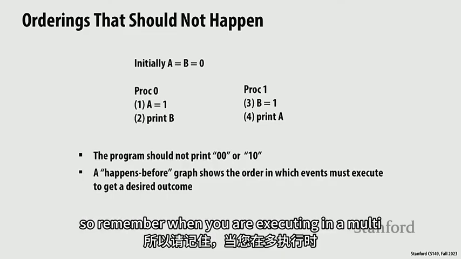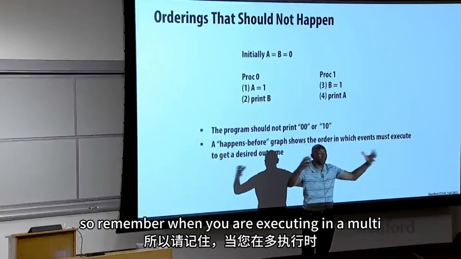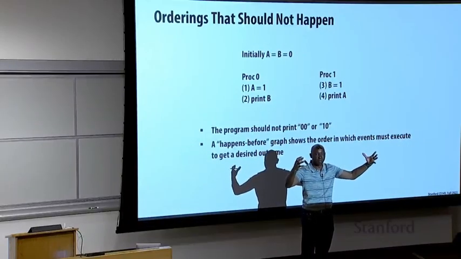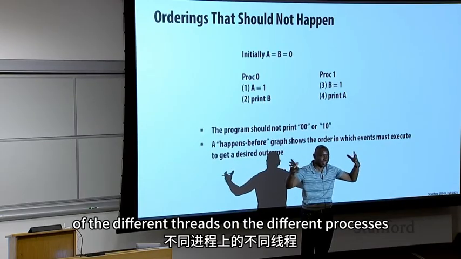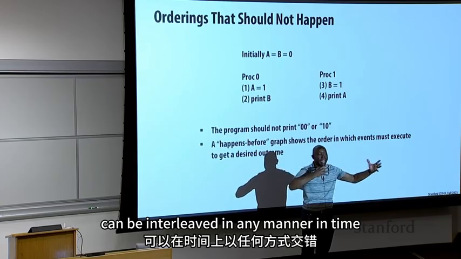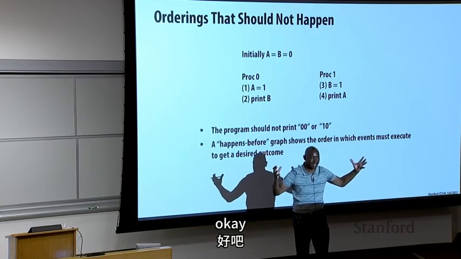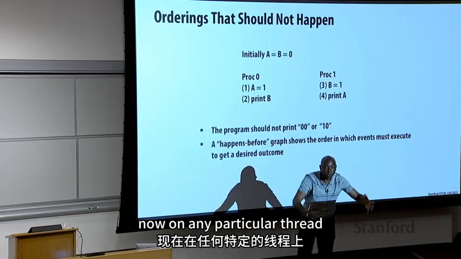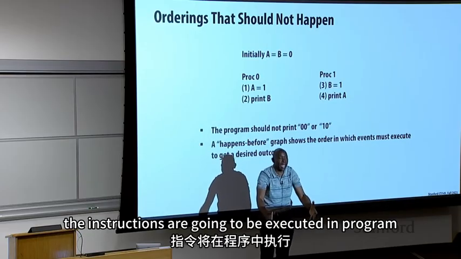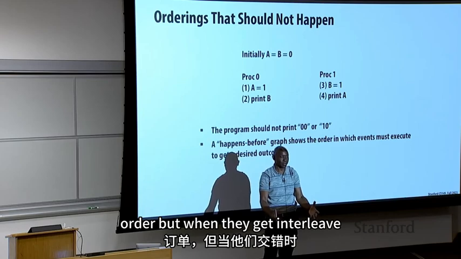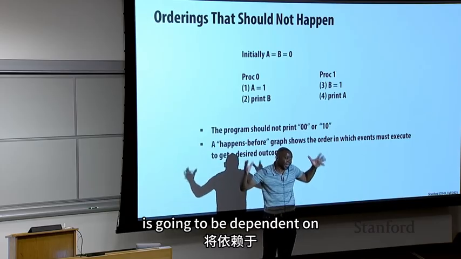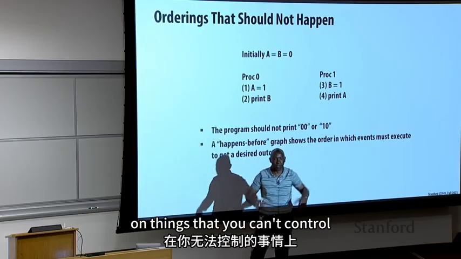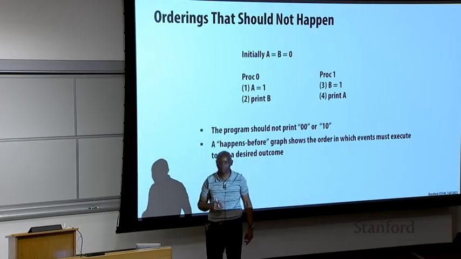Remember, when you are executing in a multiprocessor environment, the instructions of the different threads on the different processors can be interleaved in any manner in time. Now, on any particular thread, the instructions are going to be executed in program order. But when they get interleaved into the global order, whatever that may be, is going to be dependent on things that you can't control. All right?